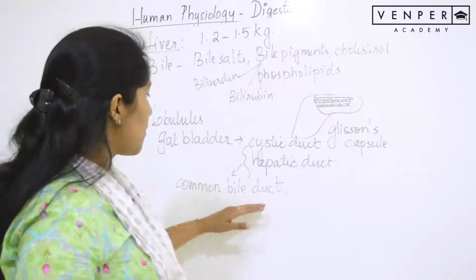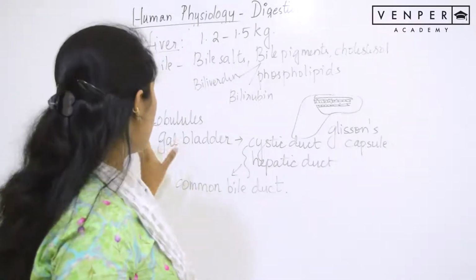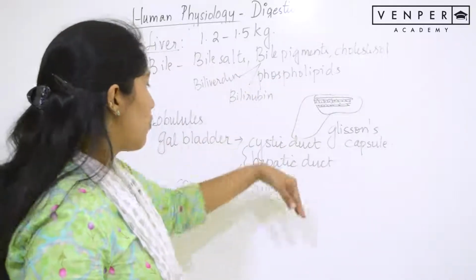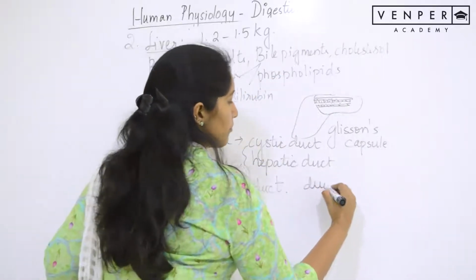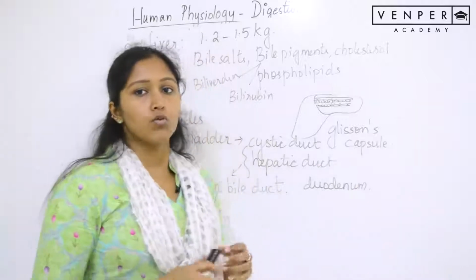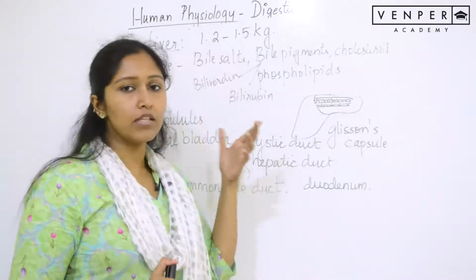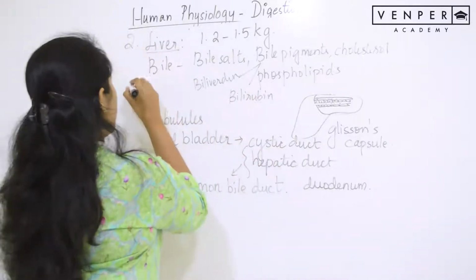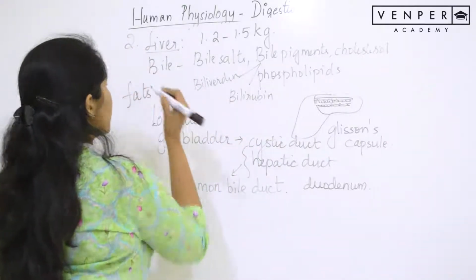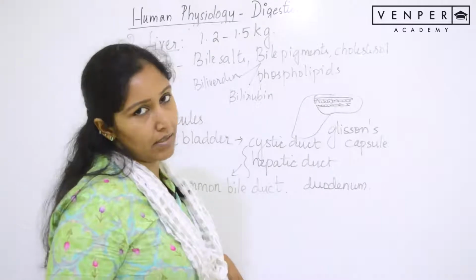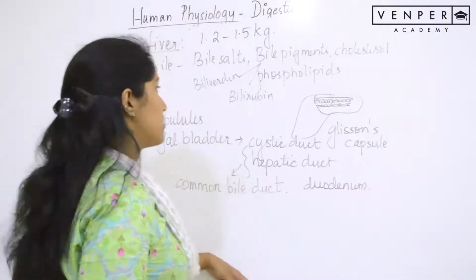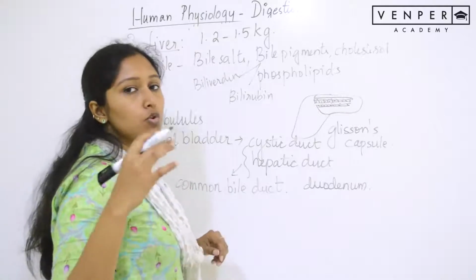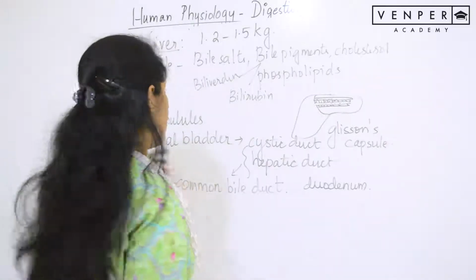So the secretions from the liver and the gallbladder, so basically the bile juice, is poured into the duodenum. So what does the bile help in doing? The bile helps in digesting the fats, especially fats, and it converts them into di and triglycerides.